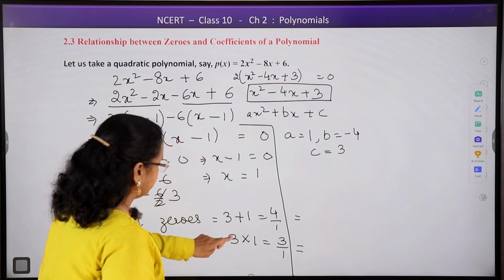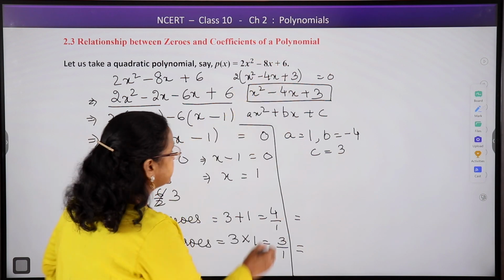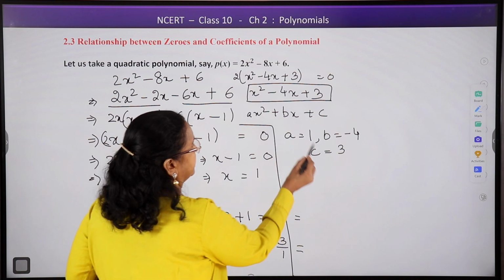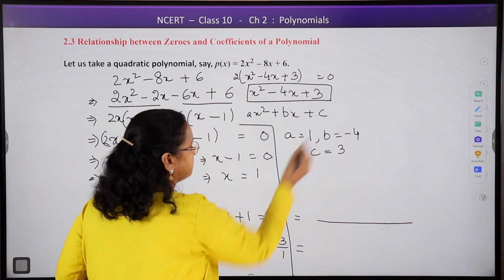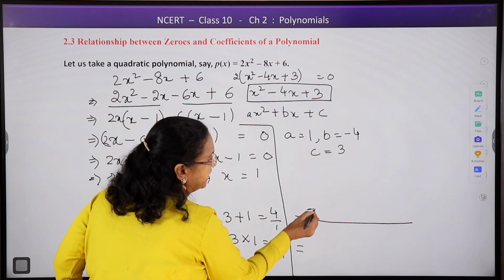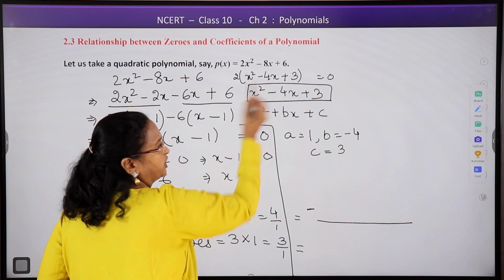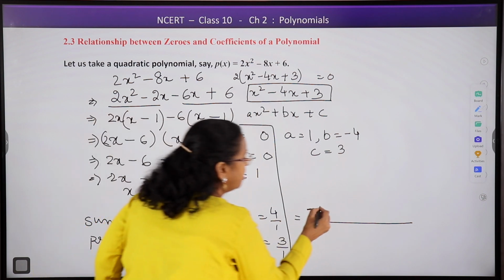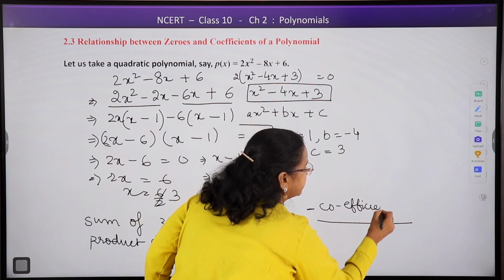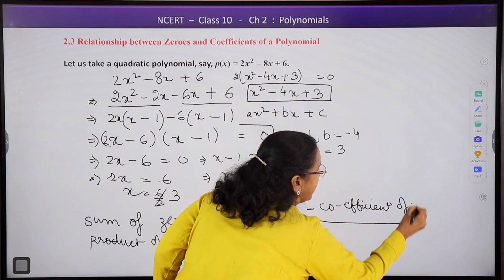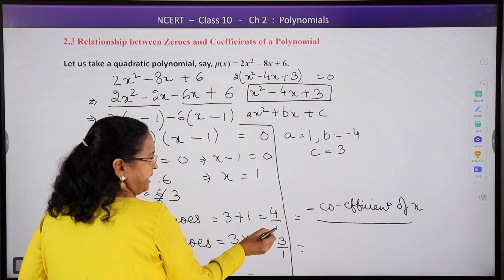Now, 4 by 1, what is that? See, now this is zeros. We have to relate with coefficients. Now, what is the coefficient? 4 by 1. A is 1 and B is minus 4. So that means 1 negative sign, and 4 is where? The coefficient of x. So minus coefficient of x by, now here by 1.